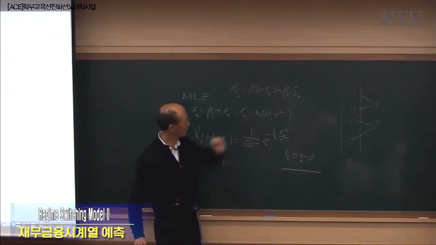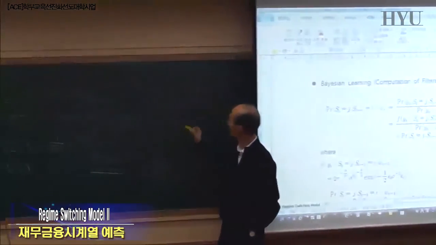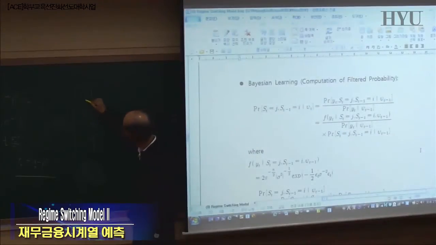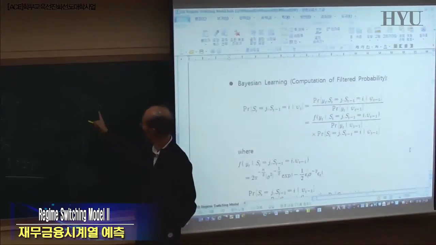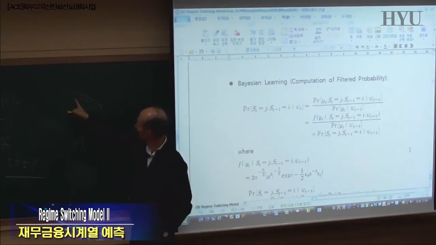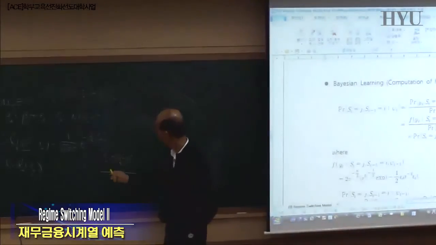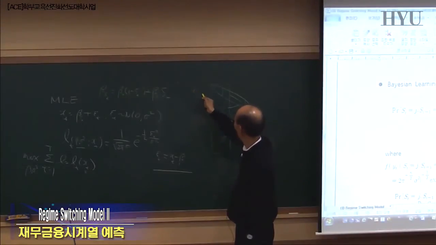So you are guessing. Let's say it came from this path, 1, and it stayed. So 1, in this case, then beta 1, right? So you calculate here epsilon t as xt minus beta 1.